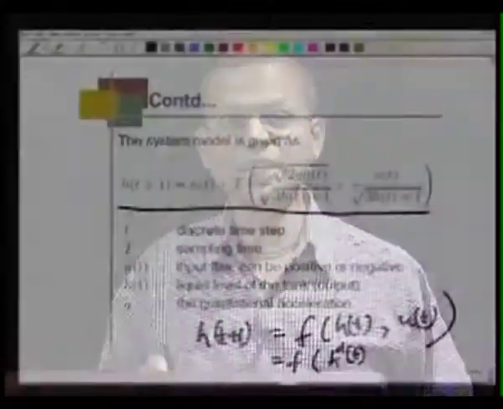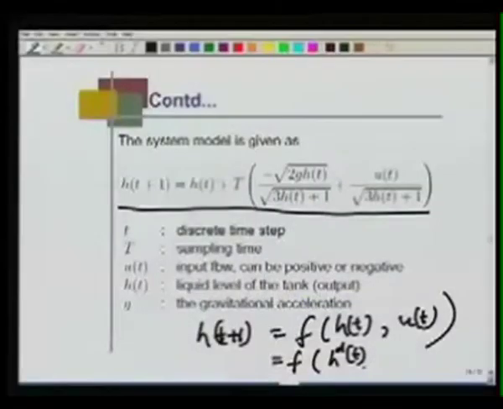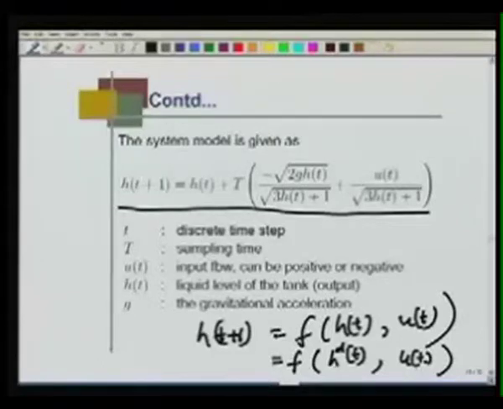So, I am measuring that actual value, and ut is the flow rate that I am able to measure, that is going to the source tank. So, given the actual liquid level of the source tank at time t and the flow rate ut, I have to predict what is st plus 1. So, this is my model.